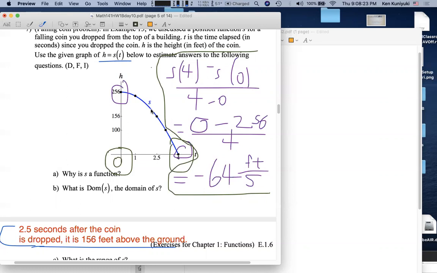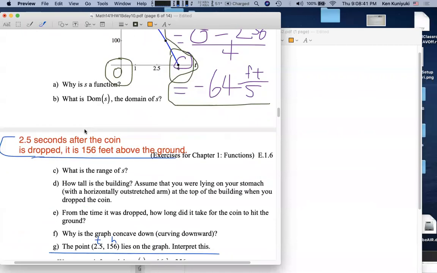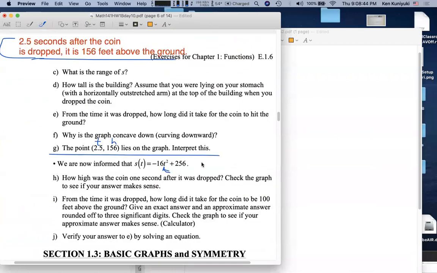All right. And I was actually doing this problem today. And since we had to refer back to the problem with the equation 256 minus 16t squared, how do we get this negative 16 there? Well, are you wondering where the formula comes from? It comes from the fact that g, the gravitational constant for Earth, is negative 32 feet per second per second. It's a measure of acceleration.